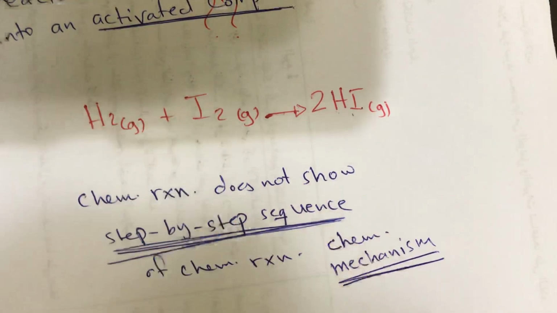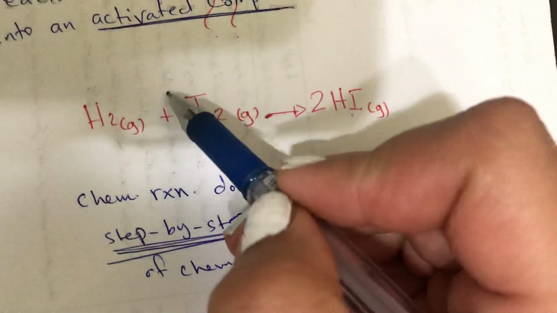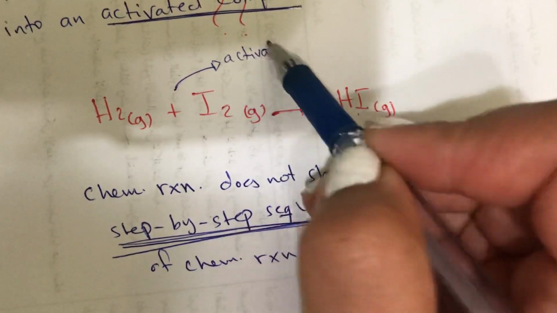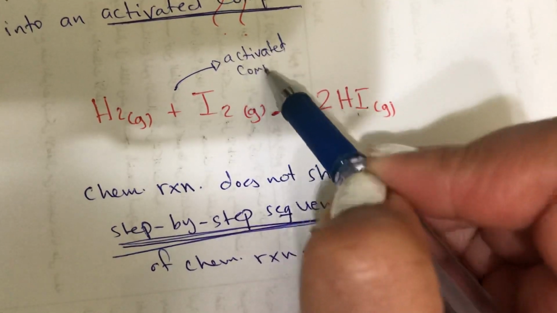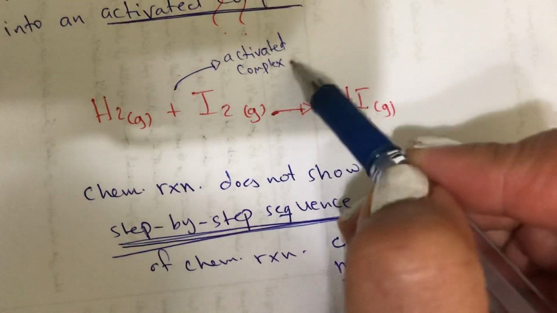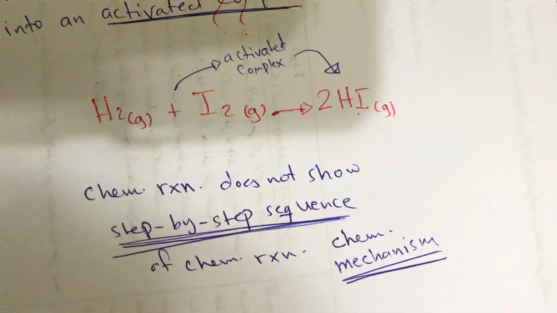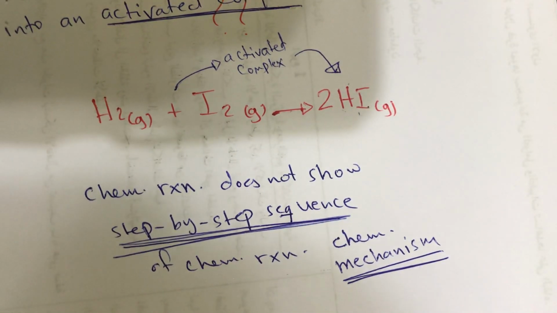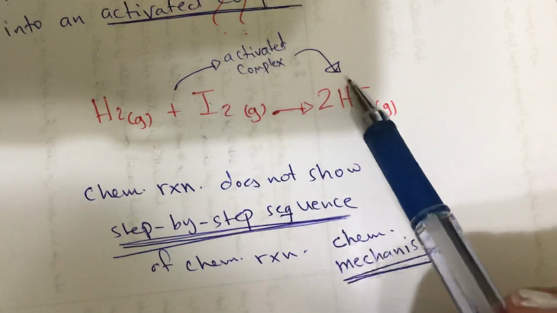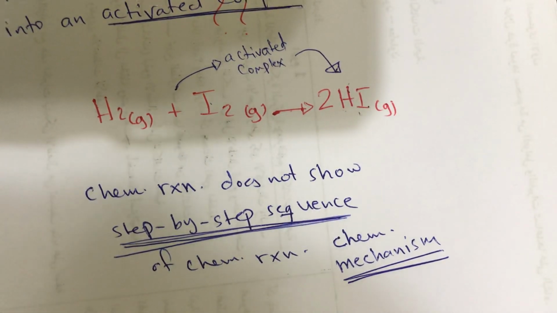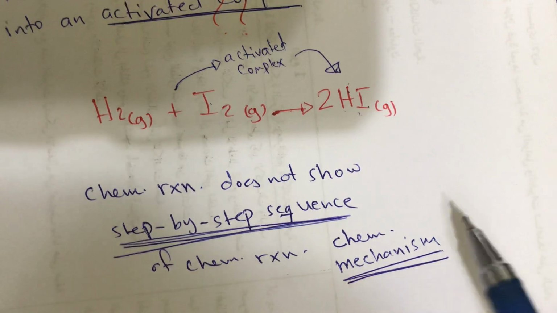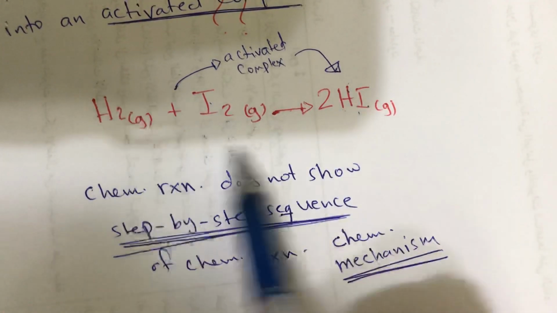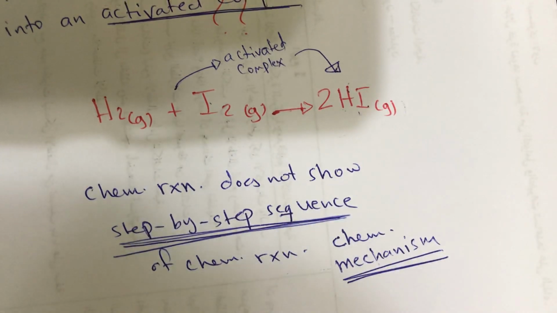The reactants first form the activated complex, then the activated complex transforms to product. This step-by-step sequence of chemical reactions, which is called the chemical mechanism, does not appear in the chemical equation.